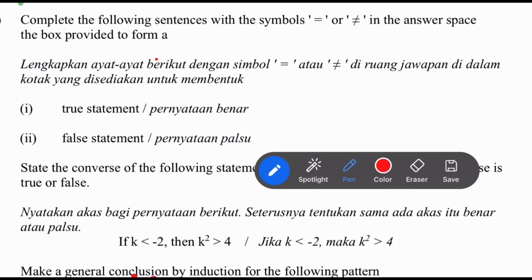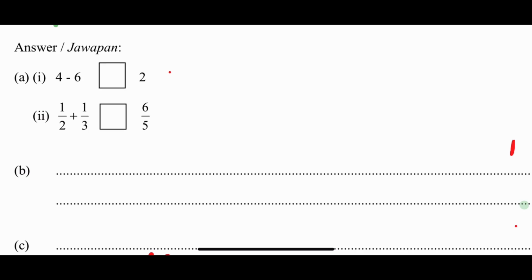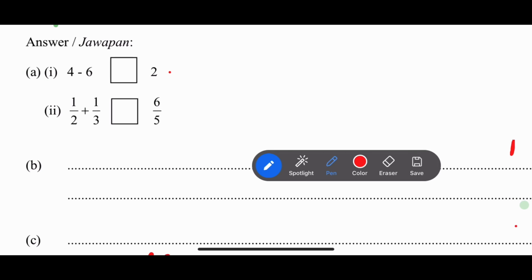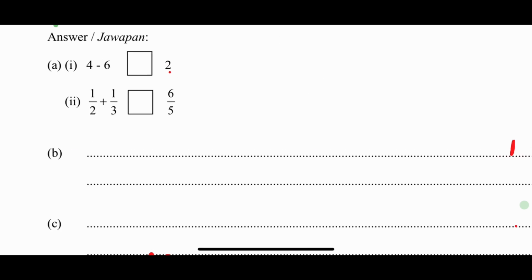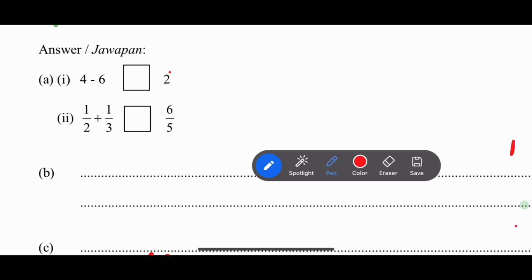Be careful when you read the question. So let's see A, we want to make it a true statement. We have two symbols to choose from, equal or not equal, to form the true statement.